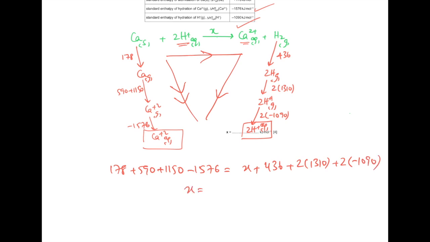If you calculate it, the answer comes up to be minus 534 kilojoules per mole. Isn't it nice and easy and interesting? Basically, it is just a matter that you spend 1 or 2 minutes, see which data is given, and realize how to balance the Hess law. And I think you can go very well in it.